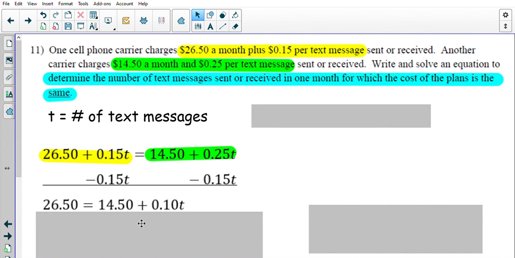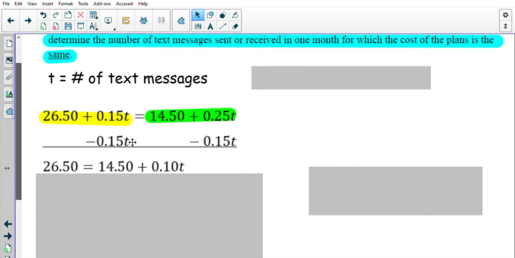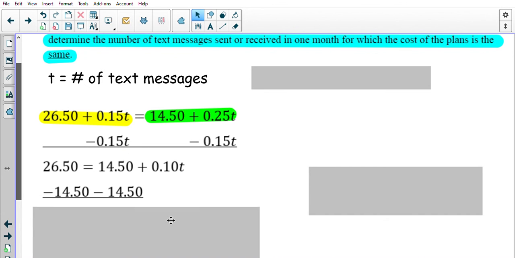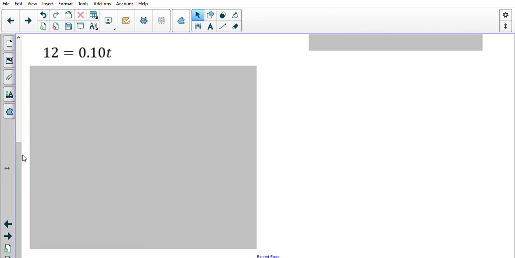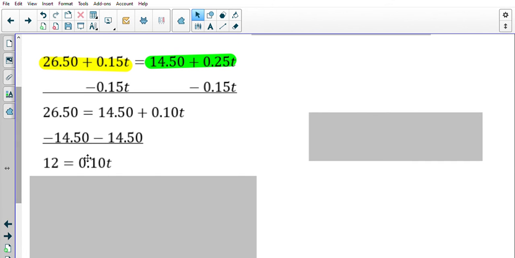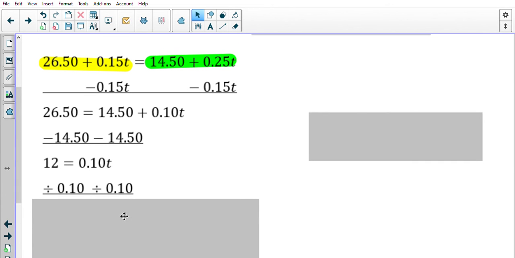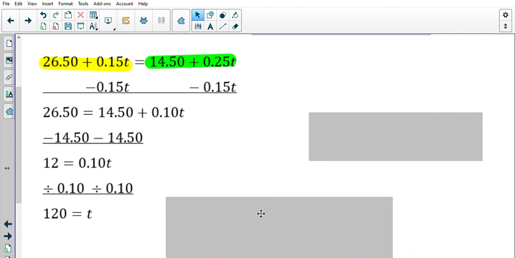That's going to get us $26.50 equals $14.50 plus 0.10T. Let's get rid of this plus $14.50 by subtracting it from both sides. It's going to get us 12 equals 0.10T. Divide both sides by 0.10, and we get 120.